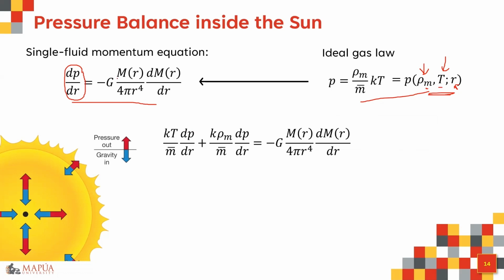So we differentiate p with respect to rho, and then we differentiate p setting T as a constant, and we have this one. So this is basically chain rule with product rule. And this is equal to your gravitational field. So this together with this. Remember this one, it's actually this one.